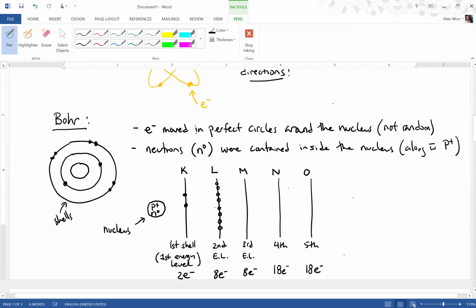So if I wanted to write out a lithium atom, all I really need is the total number of electrons. And in this case, the total number of electrons is 3 electrons. So if I were to draw this out, I would have the nucleus.